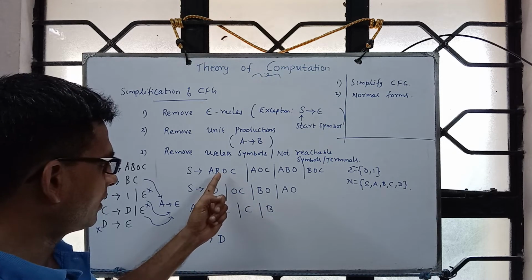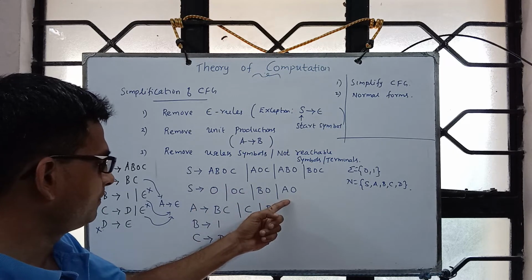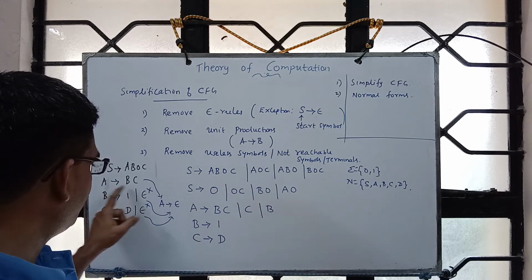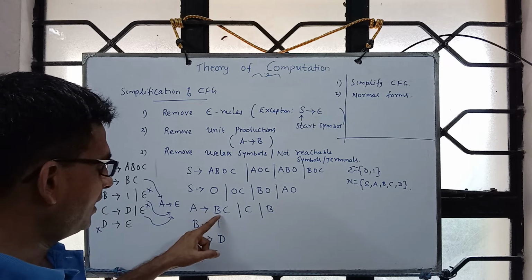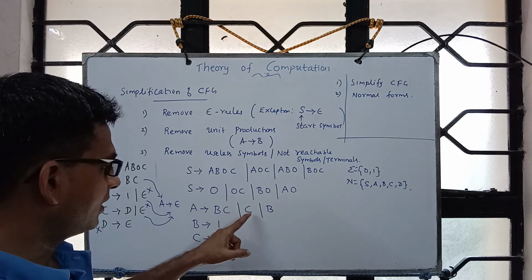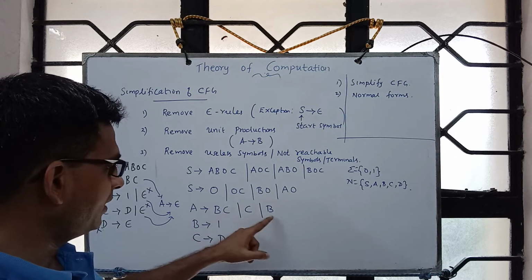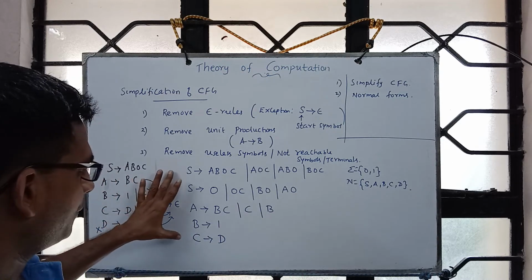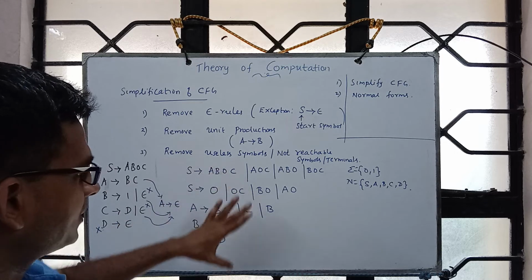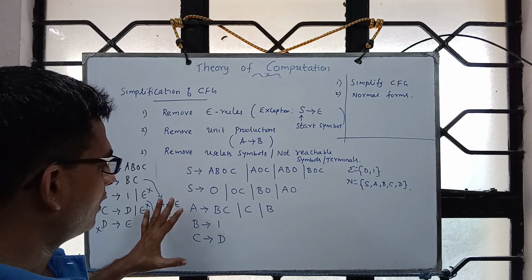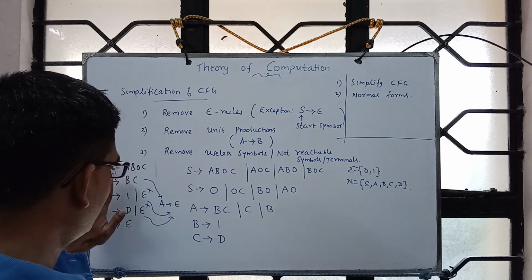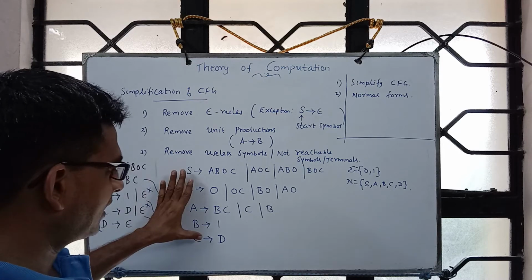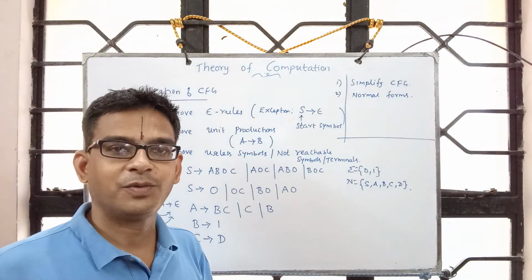Substitute for BC, we get this. And then A → BC. If B is empty, then C. If C is empty, then B. B → 1, C → D. Now you see that epsilon is removed from the grammar and the language accepted by this and this are one and the same.